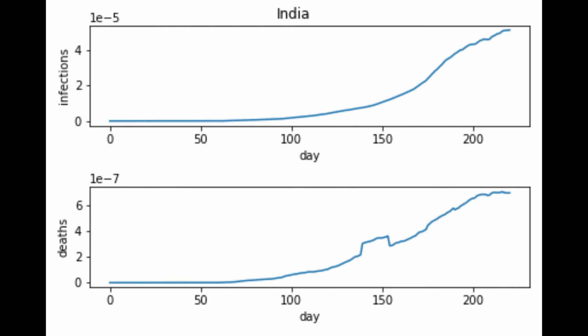With India, we have the opposite effect. We have no local maximum in either infection or death, because both curves are still rising.